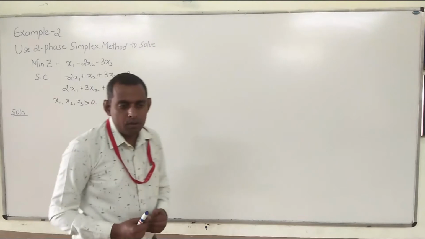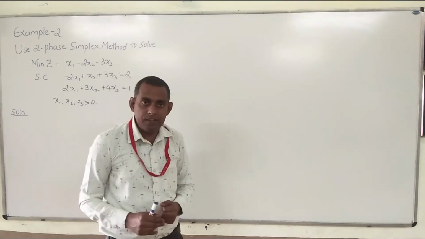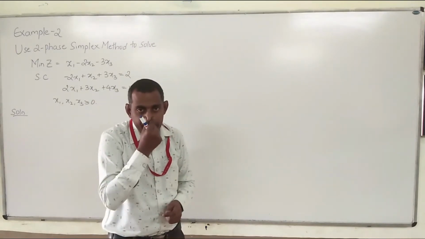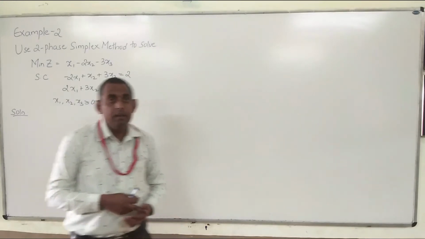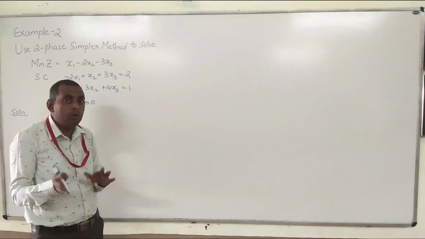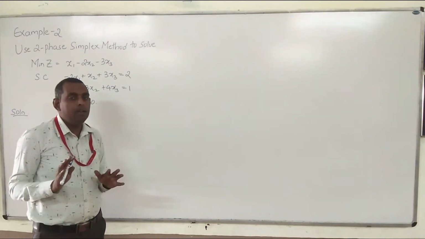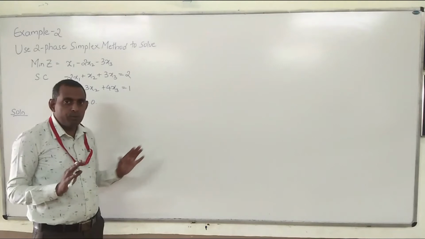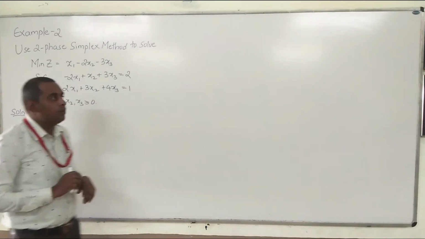So we are supposed to go for the artificial variable technique, either the two-phase simplex method or the big M method, when the constraints are greater than or equal to or equal to. Presently we are dealing with the two-phase simplex method.